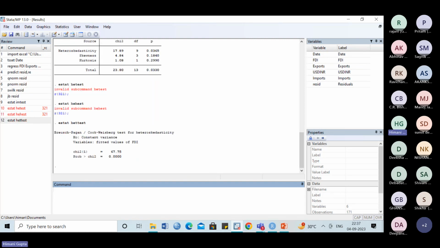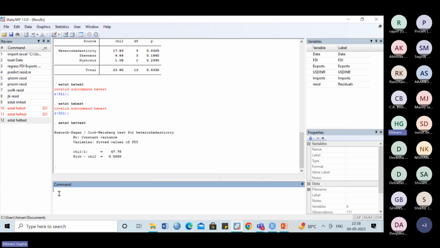Yes, hettest. Now again, you can see that your p-value is less than 0.05, so heteroscedasticity is there. I'm going to give you all these commands.